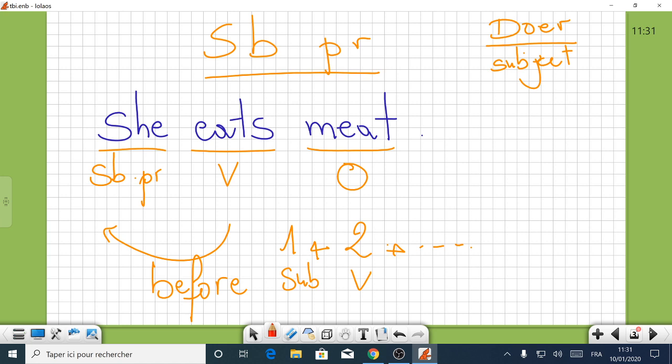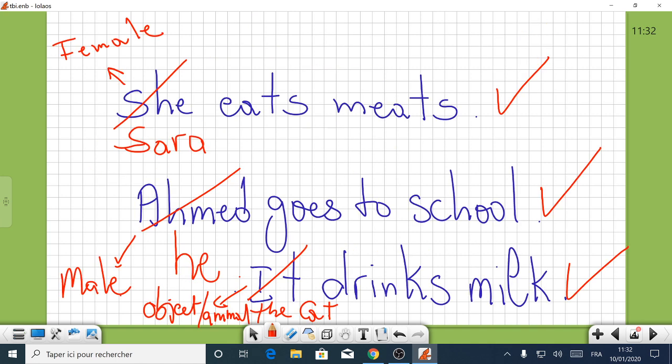So she is a subject pronoun, or subjective pronoun, eats is a verb, and meat is the object. So what is the position of the subjective pronoun? It's just before the verb. Whenever we have a verb, we should find a subjective pronoun. I went to the fourth slide to see. Here, she eats meat. I'm talking about a female.